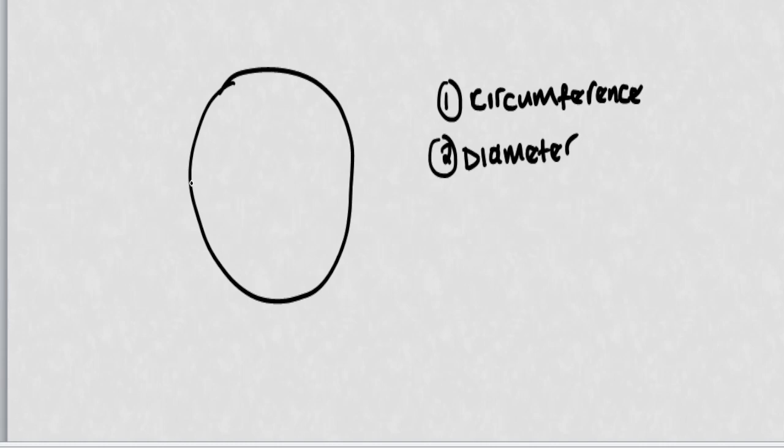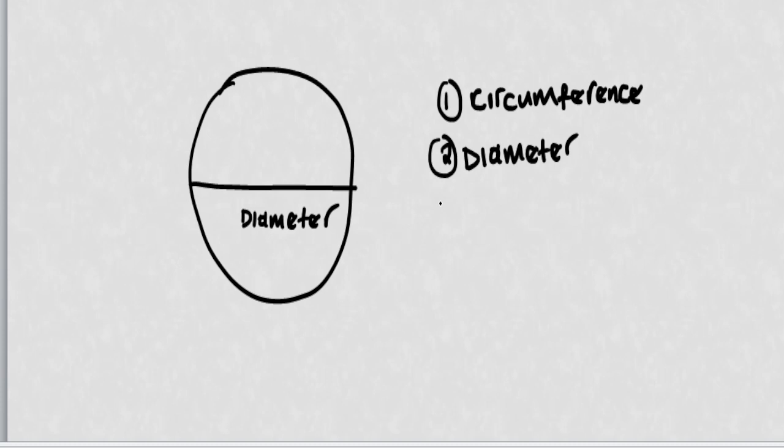So it's simply a line that is cutting a circle into two equal parts or two semicircles. What I've drawn here is what I am going to call the diameter.